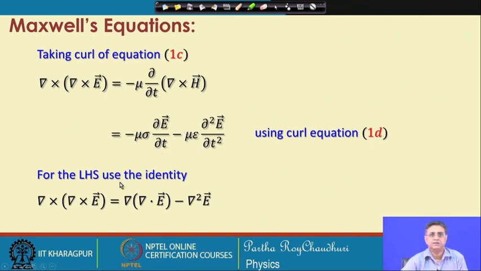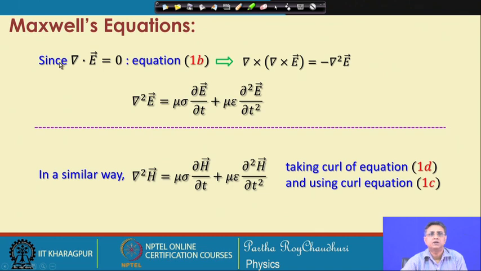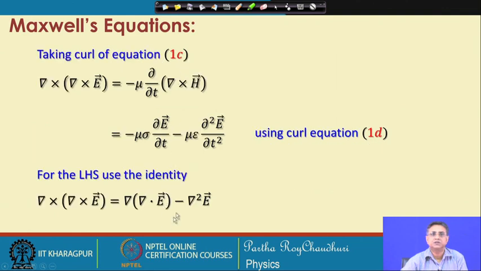For the LHS, we use a very well known identity, that del cross del cross E is equal to this. Using this identity, we have del dot E equal to 0. If I use this in this equation, then this quantity becomes 0.